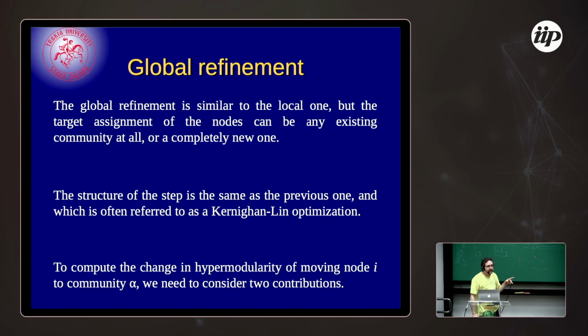This type of optimization, by the way, which is an interesting historical thing, is sometimes called Kernighan-Lin optimization, from the names of Brian Kernighan, who was the guy that invented the C programming language, and Shen Lin, who was his PhD student. And their original reason for inventing this, which is now just an optimization step, was to do community detection in networks, basically by doing a brute force-ish taboo search.